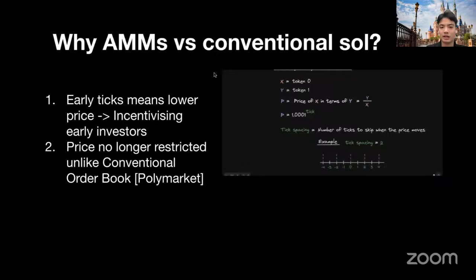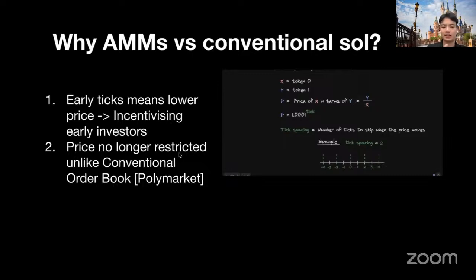So maybe the question now is, why AMMs instead of conventional order books? In AMMs, for example in concentrated liquidity with Pancake V3 and V4, you will have early ticks. How it works is we provide single-sided liquidity for the ticks, and the early ticks mean that whoever buys in early, we incentivize them as early investors so they can get a low price.